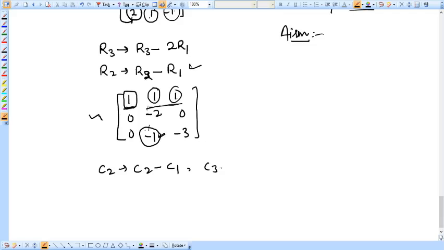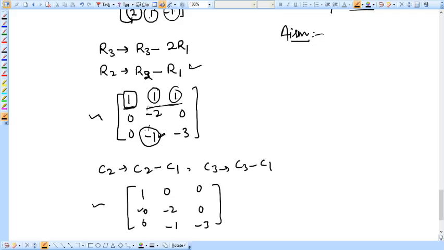So the first entry of C3 would become 0 when it is subtracted, and we are left with 1, 0 0 as it is. Now 1 minus 1 is 0, minus 2 minus 0, minus 1 minus 0, and we have made 4 entries 0.